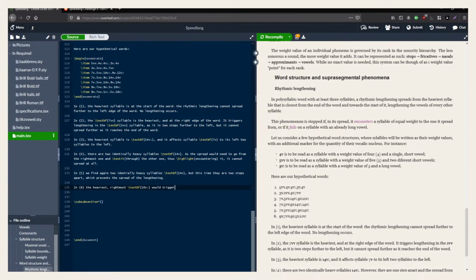In 6, the heaviest rightmost 10V long would trigger the spread of rhythmic lengthening towards its left. However, the first syllable to which it would normally spread is here, 1V long, an already long vowel.